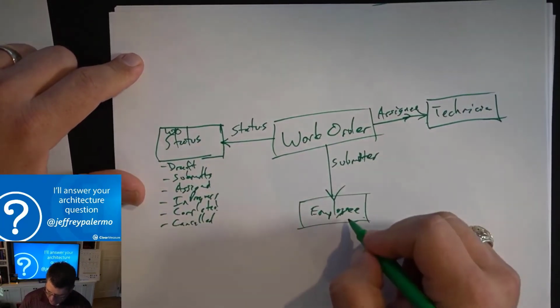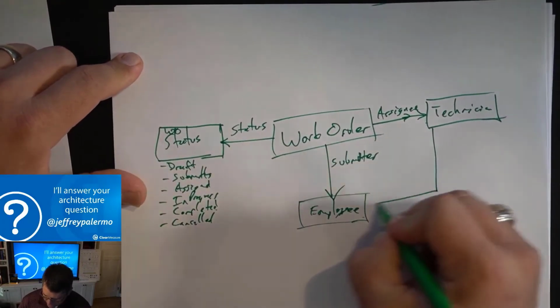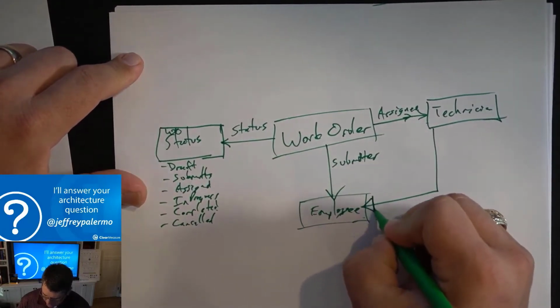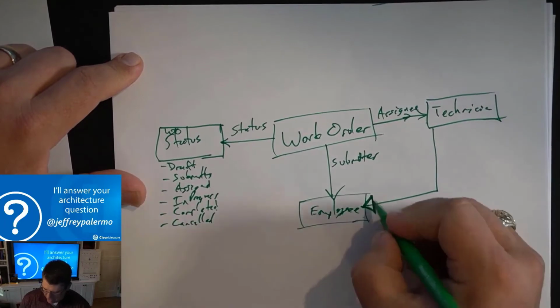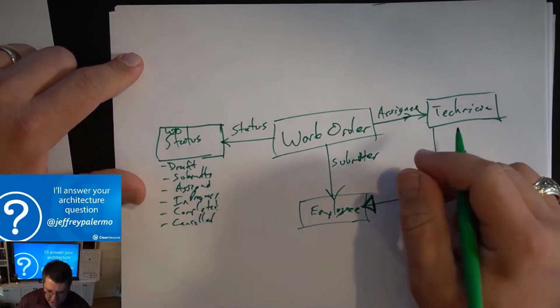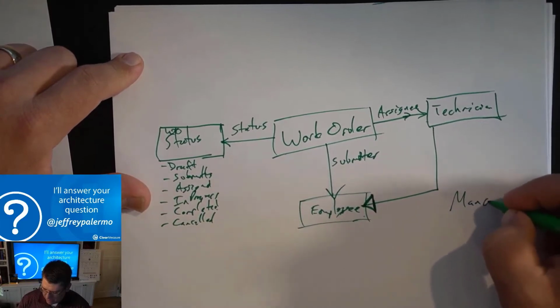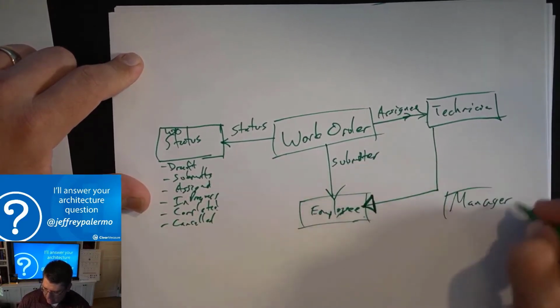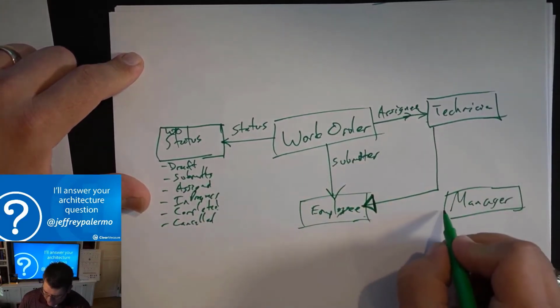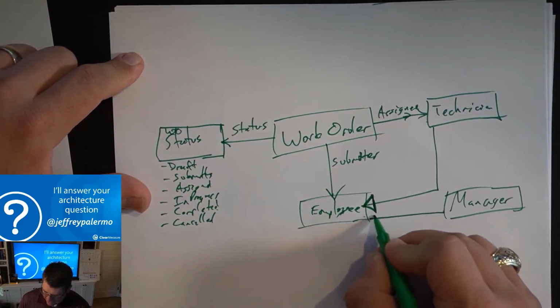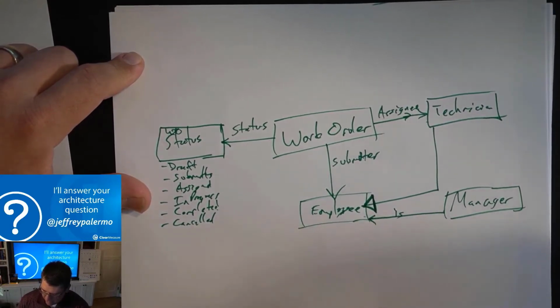But you know what? A technician is also an employee. So let's say there's an inheritance relationship, open triangle. And maybe later on down the road with approvers and whatnot, we may have a manager. Well, a manager kind of is an employee.